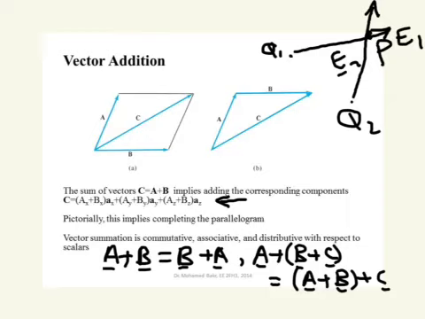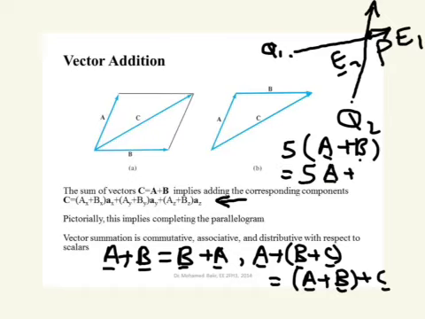Distributive means that when you are doing an operation on vectors, scalars can be distributed. For example, if you multiply by 5 the sum of two vectors A and B, this is equivalent to 5A plus 5B.